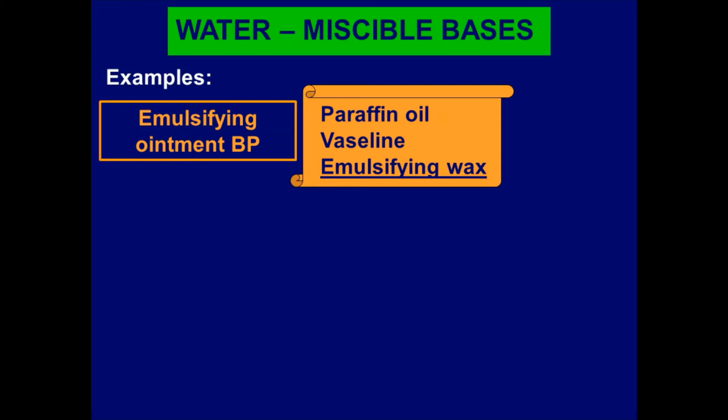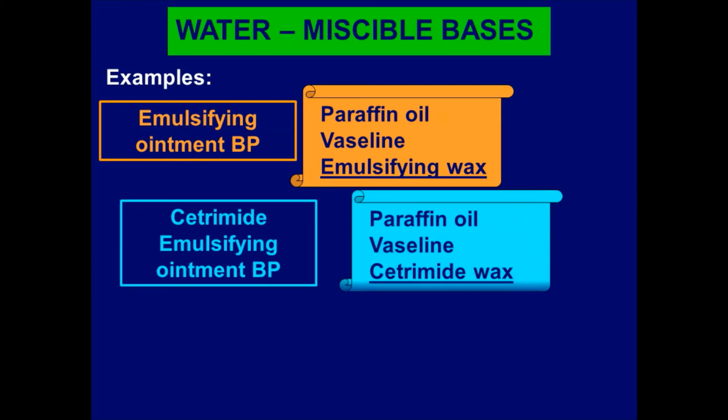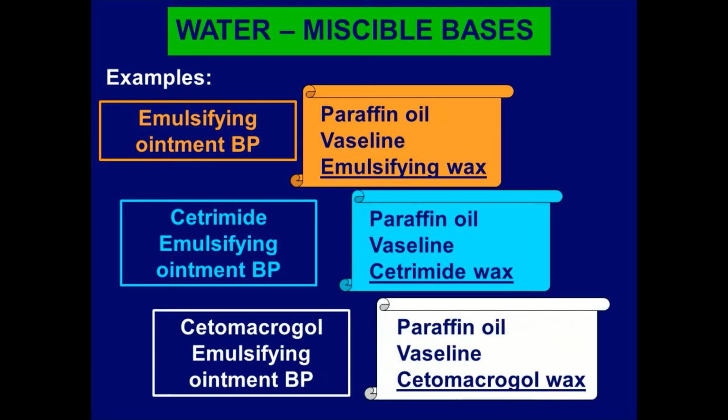The same base may be prepared using cetrimide wax, and in this case it will be named cetrimide emulsifying ointment according to the British Pharmacopoeia, and may also be prepared using cetomacrogol wax, and in this case the British Pharmacopoeia called this base cetomacrogol emulsifying ointment.